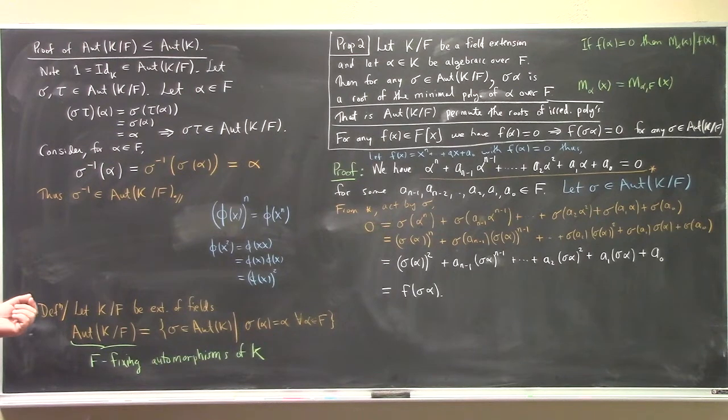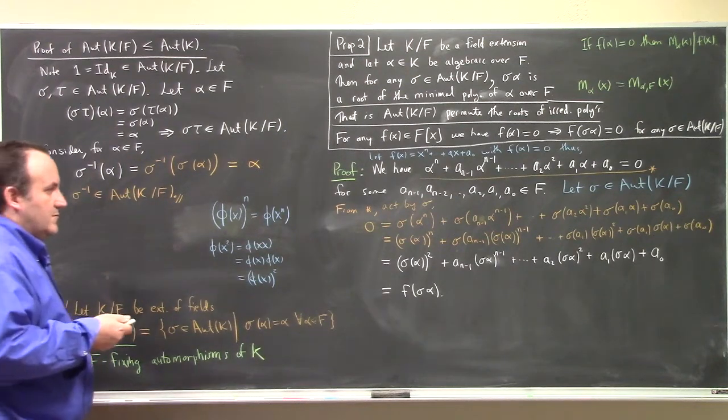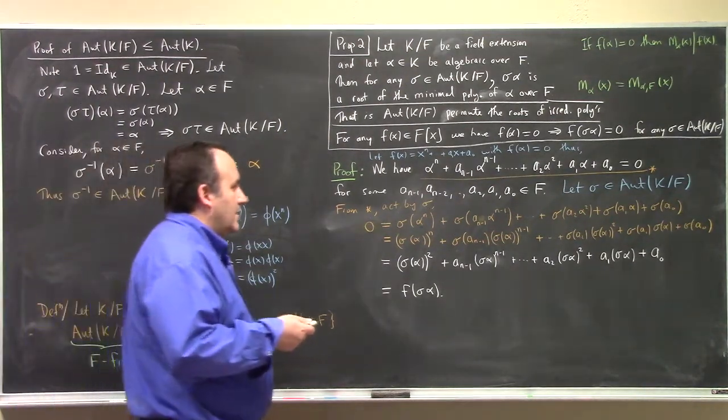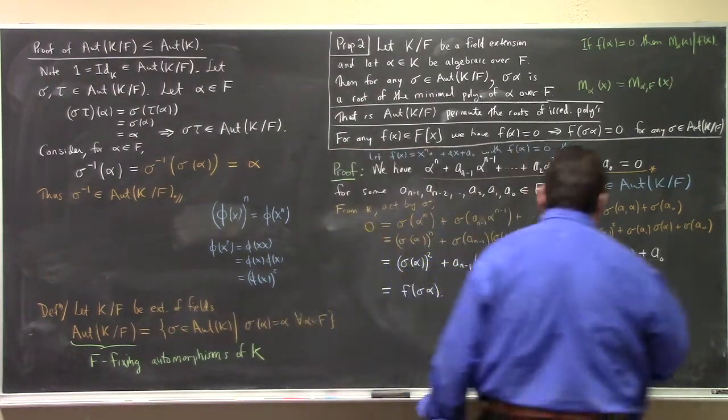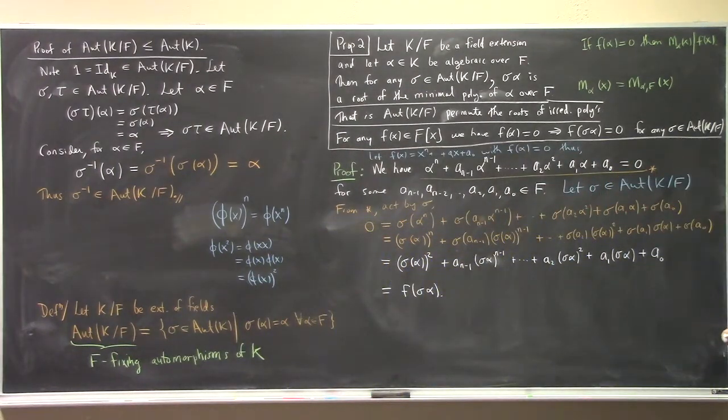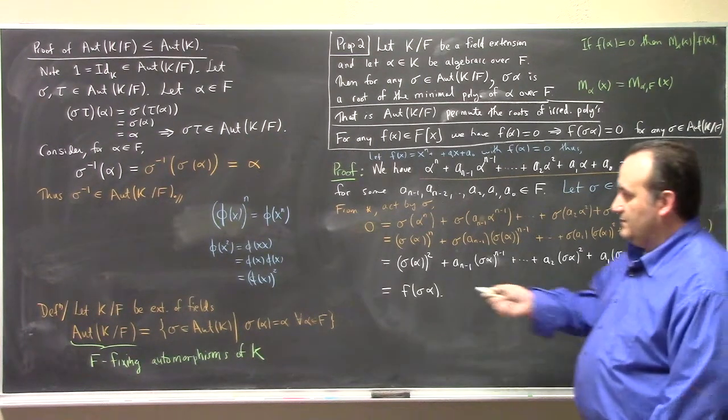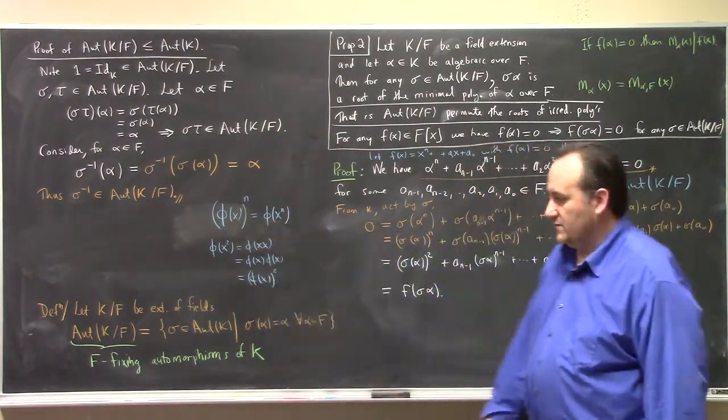It just has possibly different coefficients. But alpha's in K? Yes. So why does sigma fix alpha if it's in K? Sigma does not fix alpha. Sigma fixes the coefficients of the equation which make alpha algebraic. We did not say sigma fixed alpha. We only used this property for x equal to alpha, so to speak.